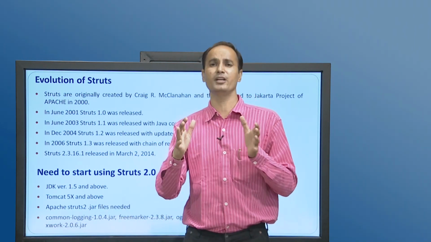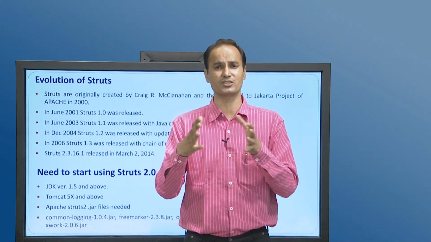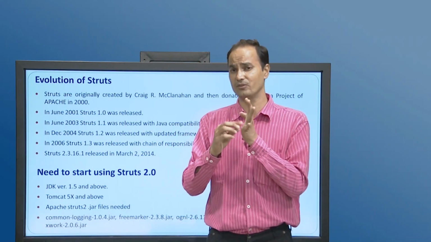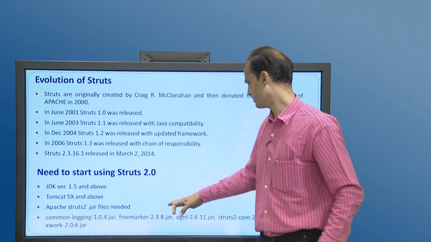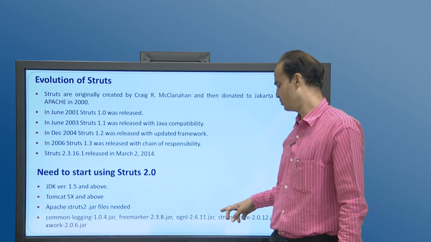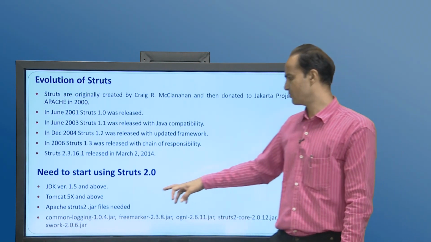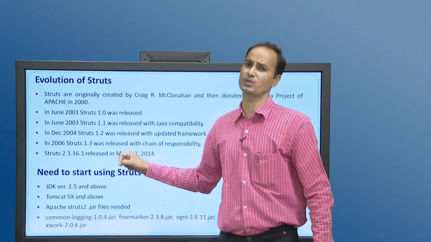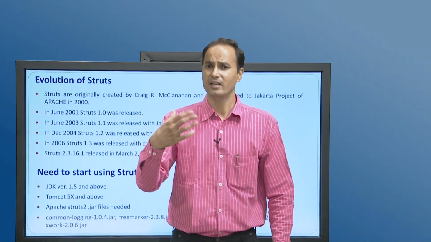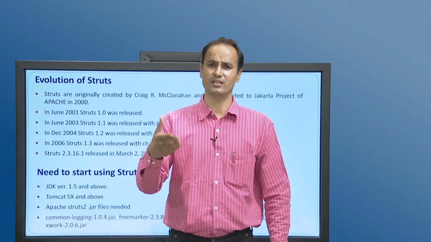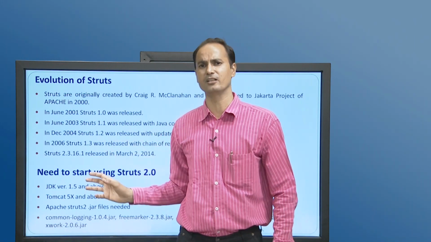The most commonly needed jar files are commons-logging.jar, freemarker.jar, OGNL.jar, struts2-core.jar and xwork.jar. These are the most important jar files containing different classes that perform the functionality in a servlet and server environment for executing the client request.